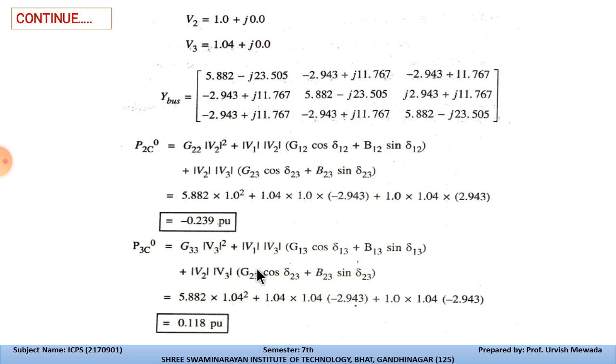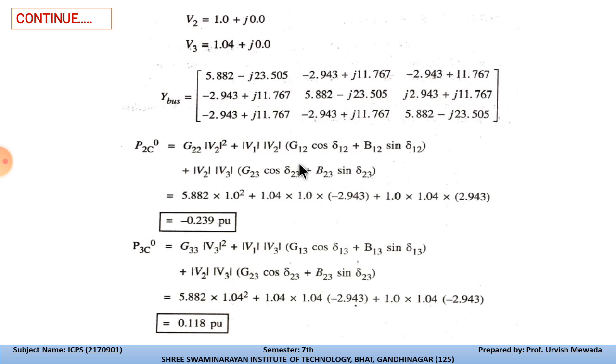So by putting all the values we will have the first value of P2 superscript 0 as minus 0.239 pu. After that, the power at bus number 3, P3 superscript 0, we calculate using the same equation.